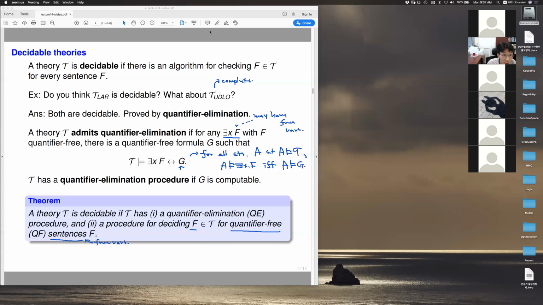Okay, so now here's an exercise I want you to think about. The exercise is to prove the theorem. Okay. So the theorem doesn't claim a theory T has a quantifier elimination. It just says if T has a quantifier elimination procedure, and it also has a procedure for checking membership for quantifier-free sentences, then the theory is decidable, and try to prove this theorem.